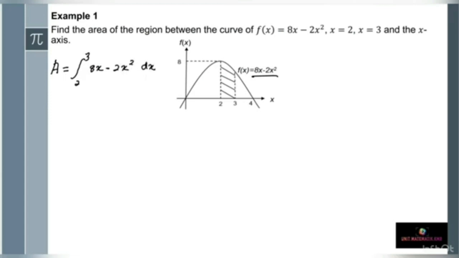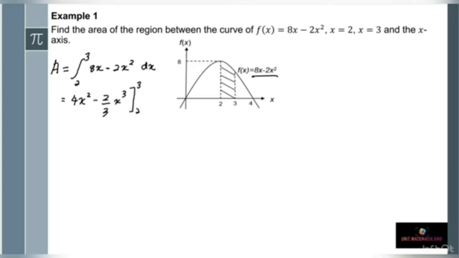So we integrate this one: for 8x we have 4x squared, minus 2 over 3 x cubed, and limits of integration from 2 to 3.